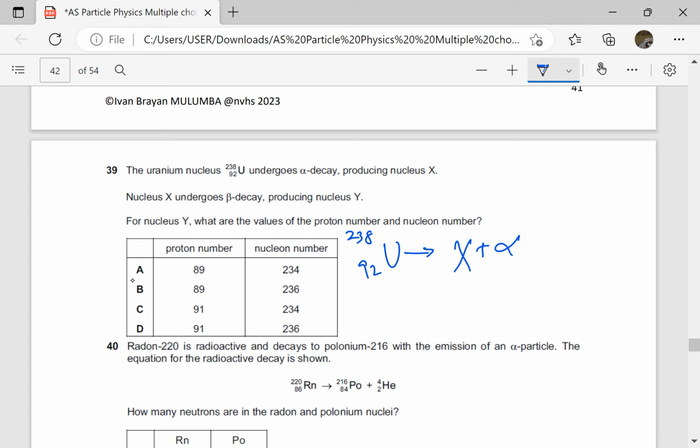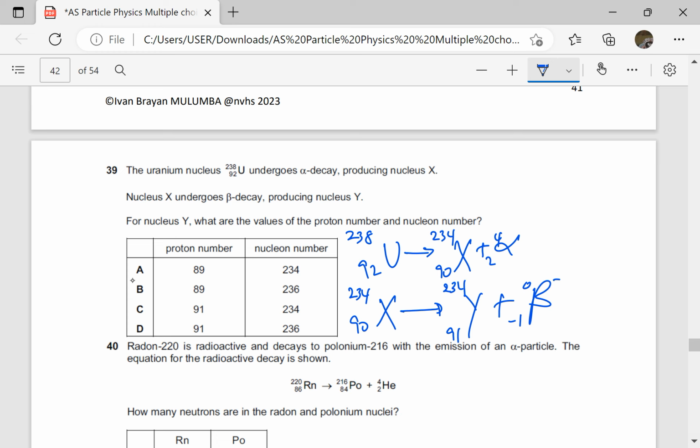So plus alpha 4, 2, so this is 234, this is 90. X, 234, 90 is forming Y plus a beta particle. Remember I said every time they just mention beta, it is beta minus 0, negative 1. So this is going to be 91 and this is going to be 234.